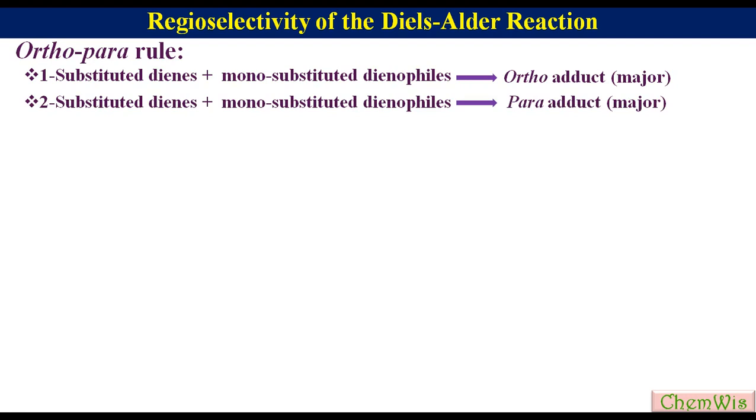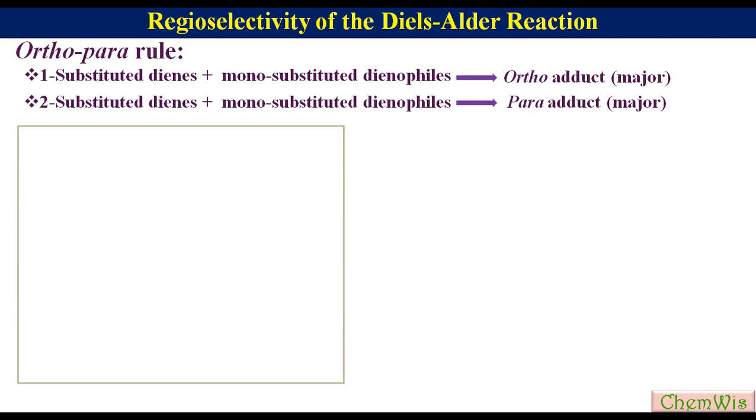Let's understand these points with the general structure. If we have a monosubstituted diene and a monosubstituted dienophile, there are two possible regioisomeric products.